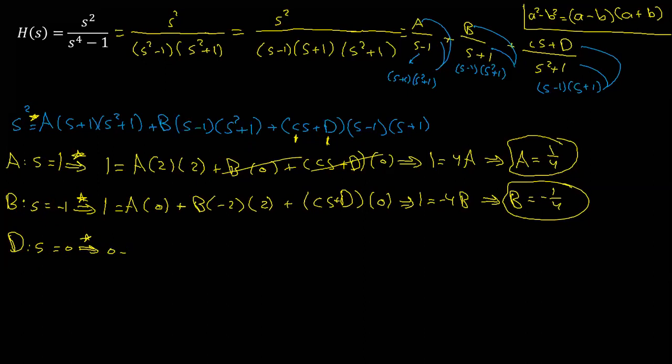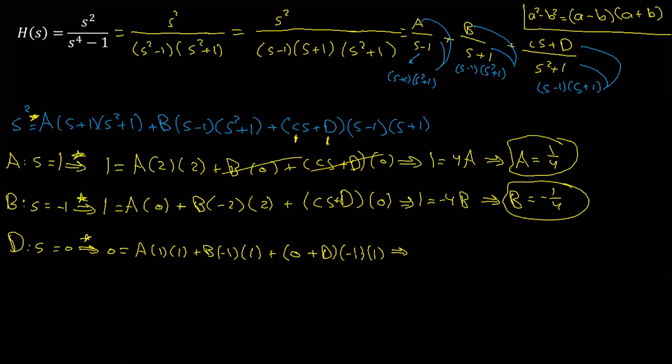0 equal A times 1 times 1 plus B times minus 1 times 1 plus 0 plus D bracket negative 1 times 1, because the other terms are 0.